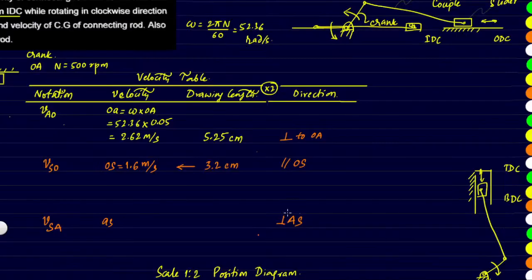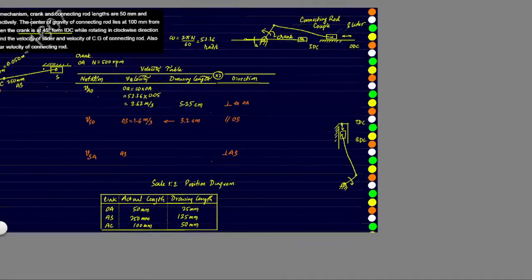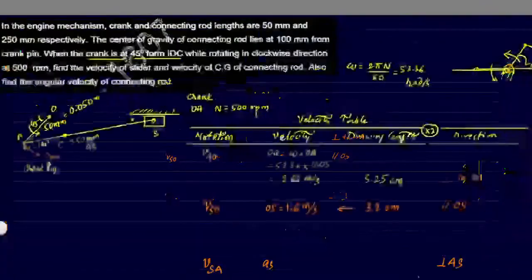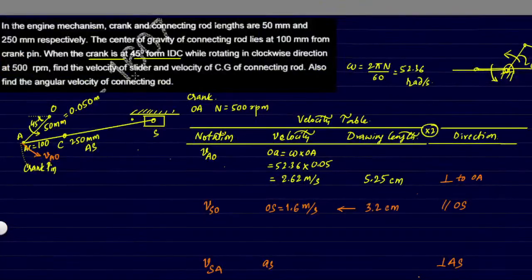Now that we have the velocity of the slider, which is what is asked in the problem, let's go back. You can see he's asking the velocity of the slider. So the velocity of the slider we have found, let us mark it as a bit.